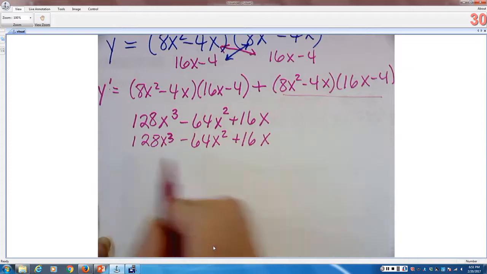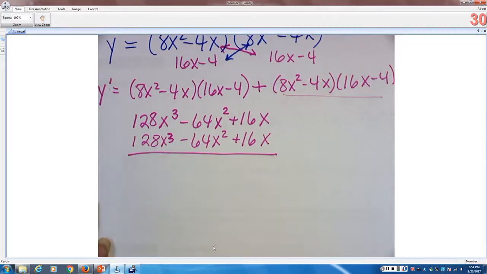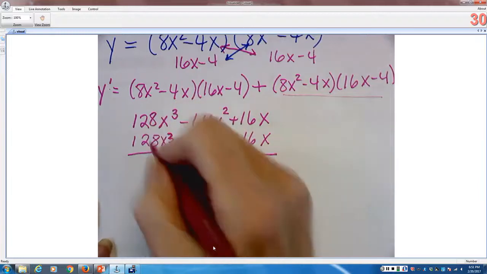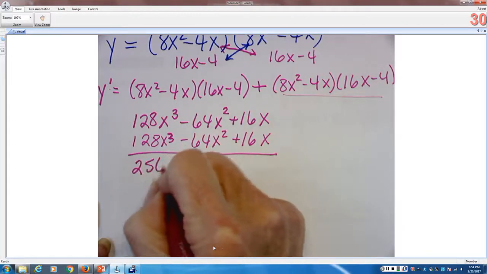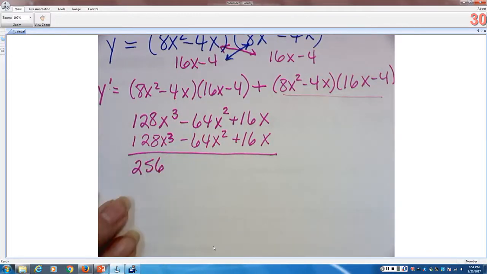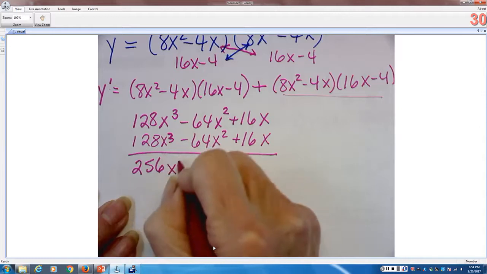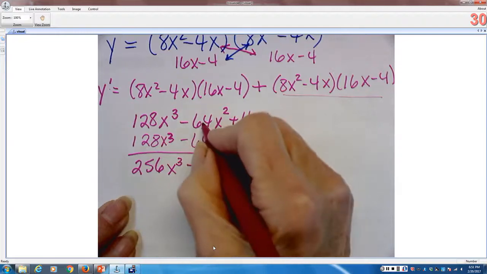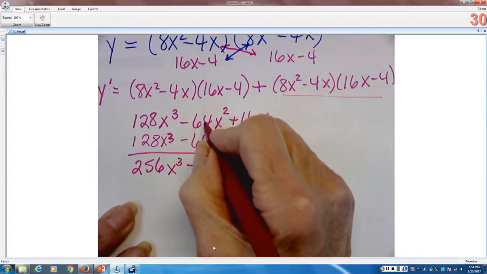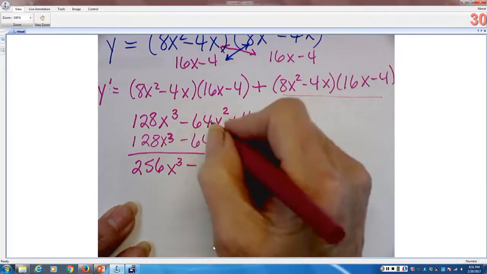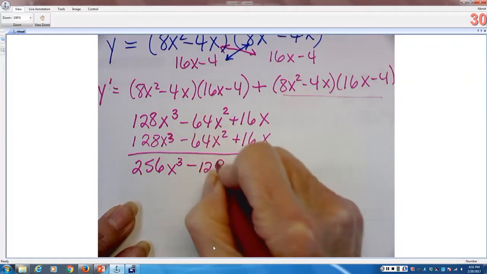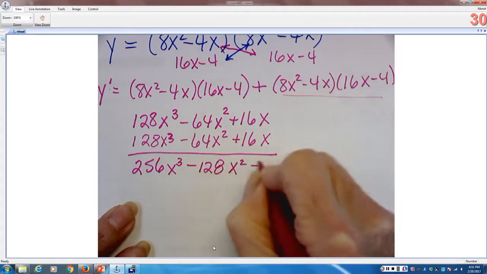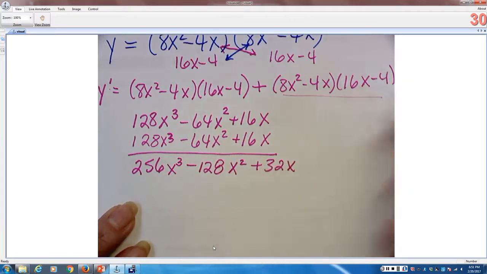And that's going to give me y prime. So 128 and 128 is 256x cubed minus, and I think I made an arithmetic mistake the first time I did this, because this is 128x squared plus 32x.